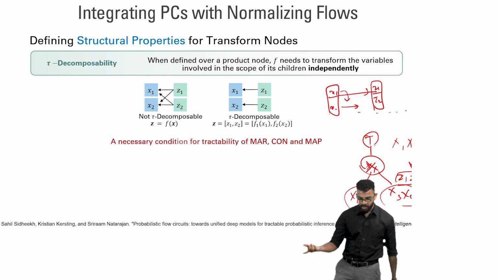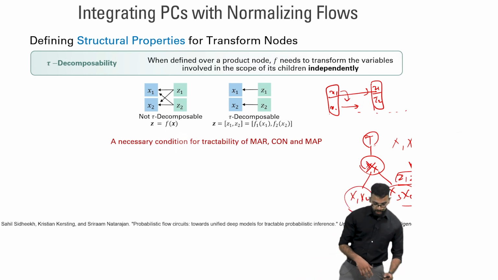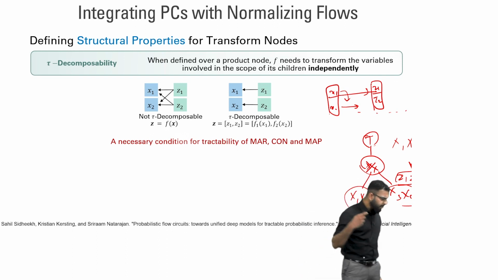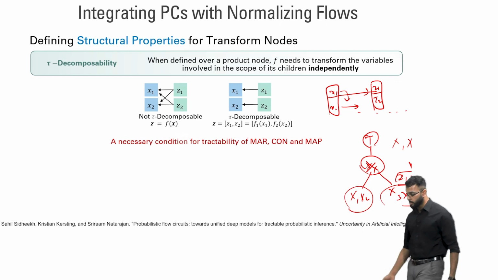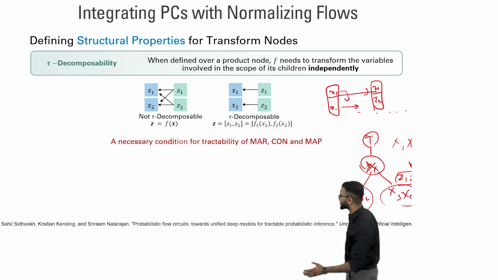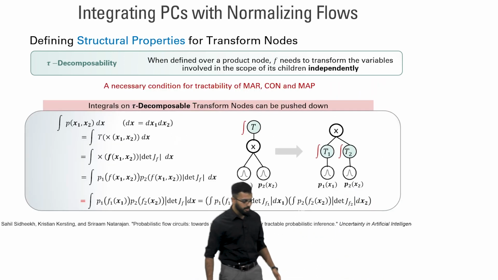If you have such a transformation, then you call it tau decomposable. And you can show that such a property of tau decomposability is in fact a necessary condition for tractability when you are building these hybrid models where you're combining normalizing flows with probabilistic circuits.